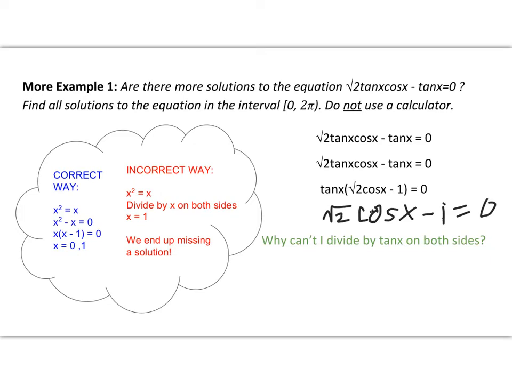We would solve that in order to get our pi over 4 and 7 pi over 4, but we would be missing the other 2 solutions that we know work, the 0 and the pi that came from the tangent component. So once you get 0 on one side, don't divide through by anything, because then you're going to miss some of your correct answers.